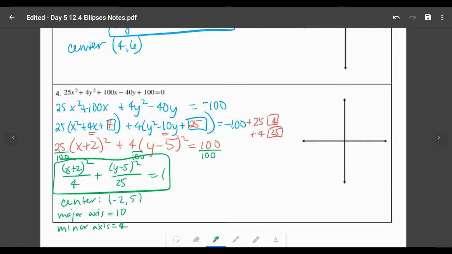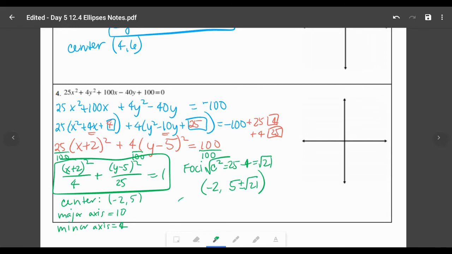All right, let's look at focal points. So I know that the foci have to be c squared equals a squared minus b squared. So 25 minus 4 is 21, and if I take the square root of that, it's root 21. And so I know that I have to go root 21 in each direction along the major axis. So instead of being at just -2 comma 5, it's at -2 comma 5 plus or minus root 21.